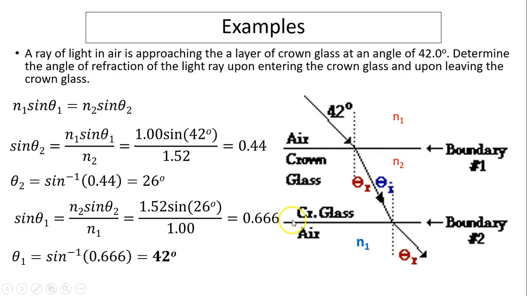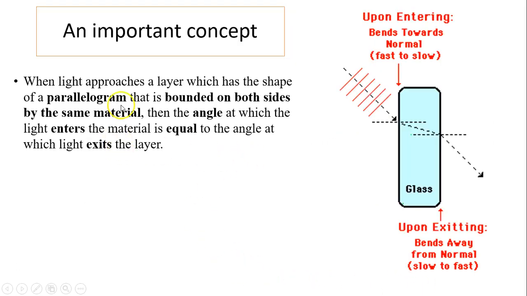So see the boundary, this is a rectangular prism. Whatever the angle you come in at is the same as the angle it goes out. It doesn't really matter how many mediums are in here. You can have crown glass, you can have diamond, you can have water, all different materials, and whatever angle comes in, that is the angle you go out. Okay, that's an important concept.